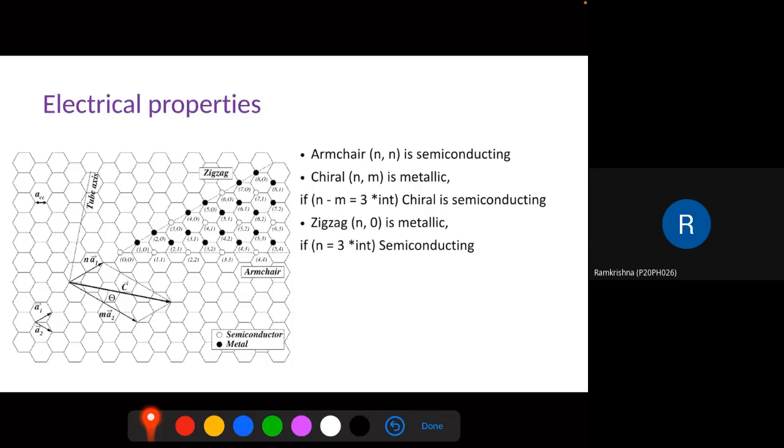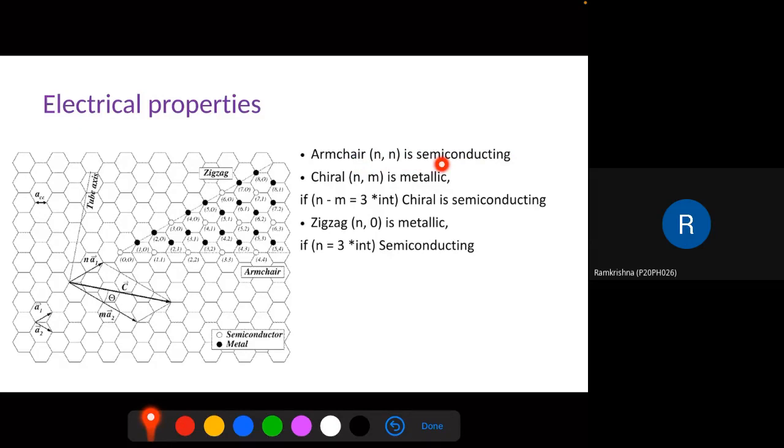So why are the zigzag, armchair, or chiral structures interesting? In fact, the electrical properties depend on what kind of nanotube structure you have. If it is an armchair, you will always find it is semiconducting.